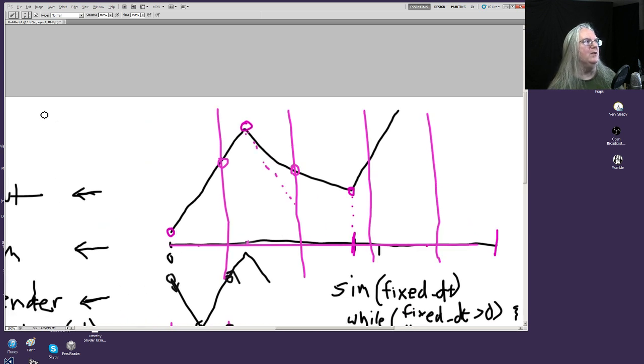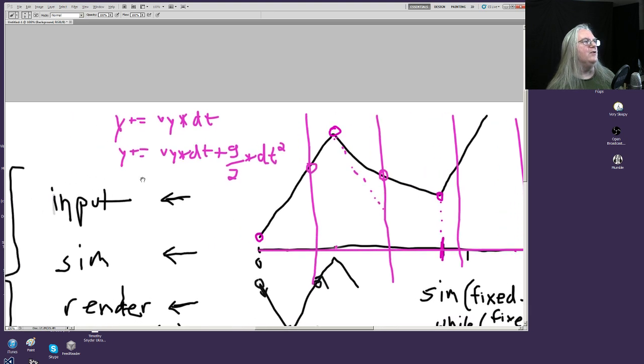It just means instead of computing y plus equals vy times dt, I compute y plus equals vy times dt plus or minus, depending on your terminology, gravity over 2 times dt squared.